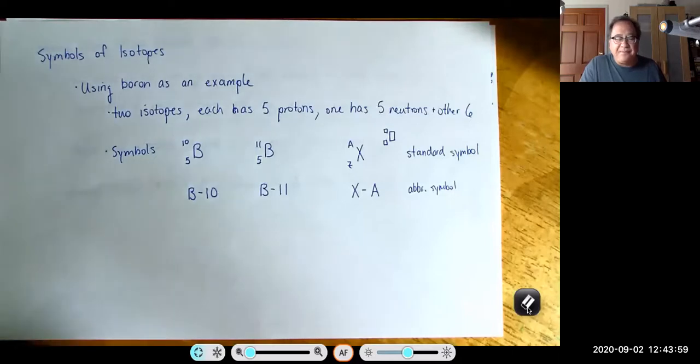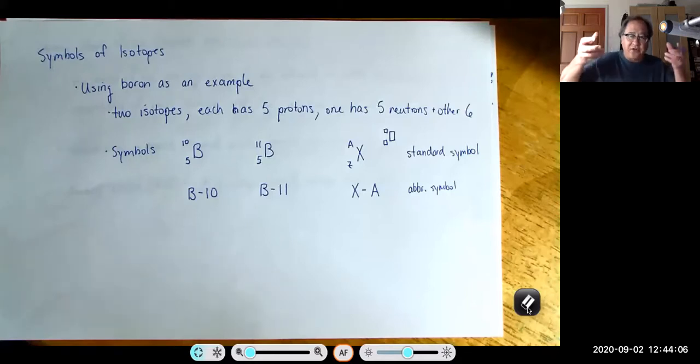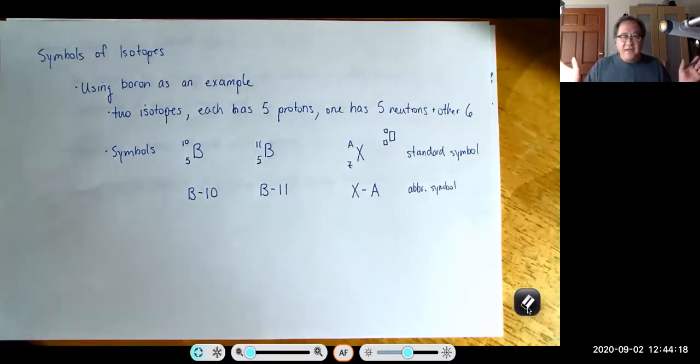To do a subscript and a superscript with a typewriter is really painful because you got to turn the roller half a turn, type the 11, and then you have to turn it half a turn, type the uppercase B, then you have to back it up a space and turn the roller the other way and type the 5. A pain in the rear with a typewriter, a lot easier with a computer.